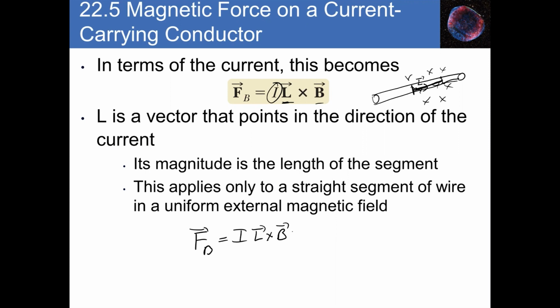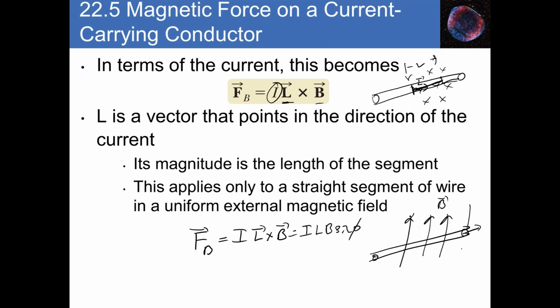Which in a way will be I L B sine of phi, where L is the length of interest, B is the magnetic field magnitude, and phi is the angle between the wire and the magnetic field. So for example, here's your magnetic field, and here's your wire. That means this is the current, and this is phi over there.